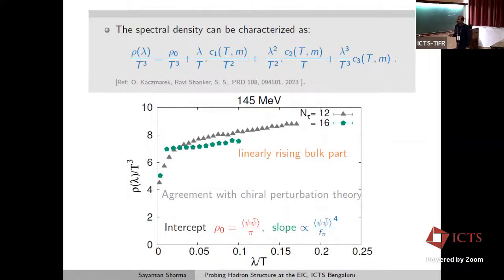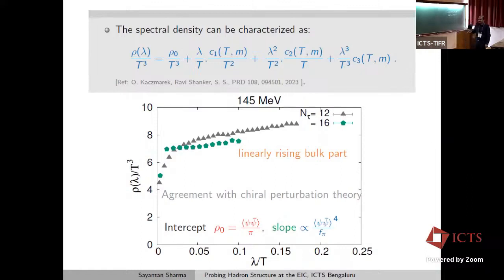Now, I would like to show our results of the eigenvalue spectrum, which is also calculated using the highly improved staggered quarks, but with very fine lattices. So we go up to n tau equal to 16, which corresponds to a lattice spacing below 0.1 fermi. And what we observe is that this temperature is in the chiral symmetry broken phase. What we see is that there is a finite intercept, and then there is a linear part.